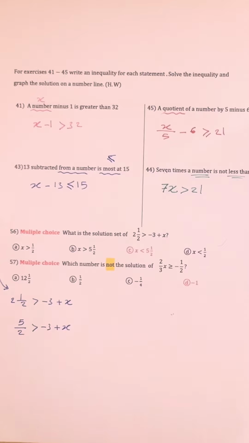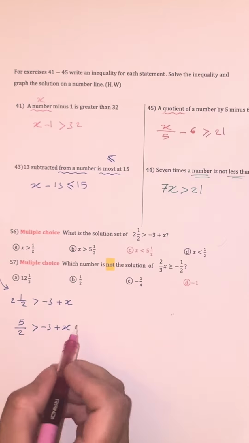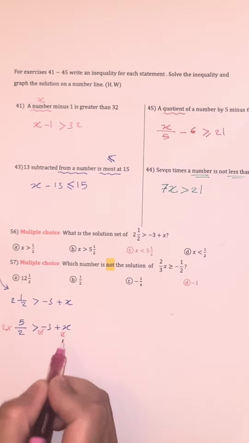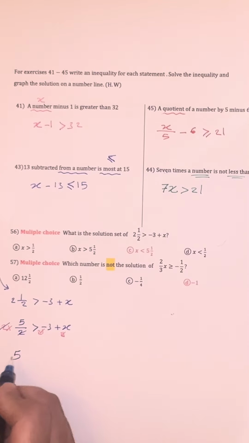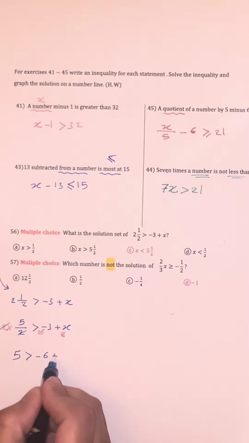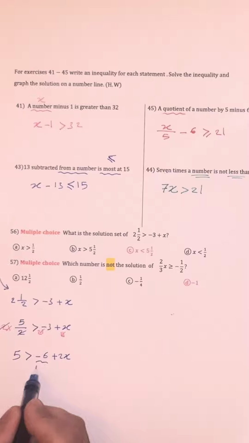To cancel this 2 in the denominator, we can multiply all terms by 2, okay? We get 5 greater than negative 6 plus 2x, okay?